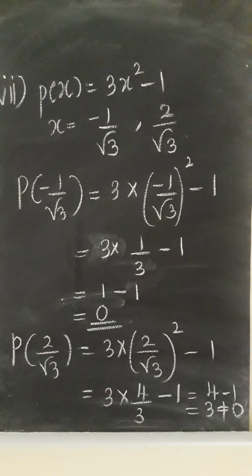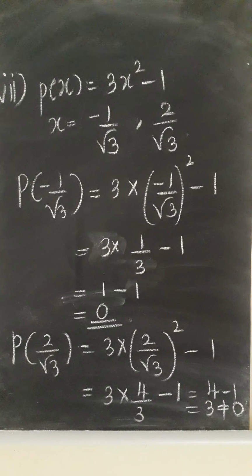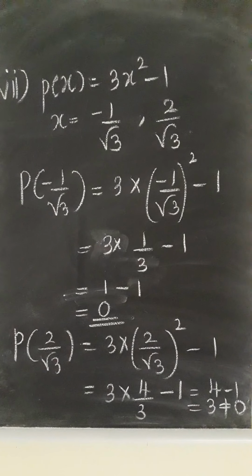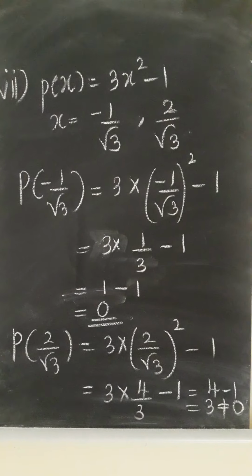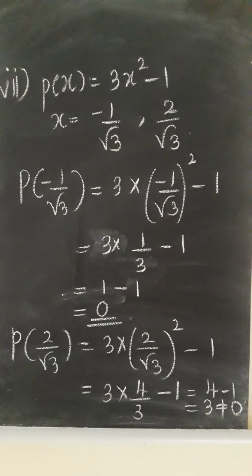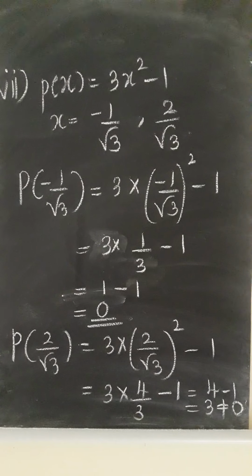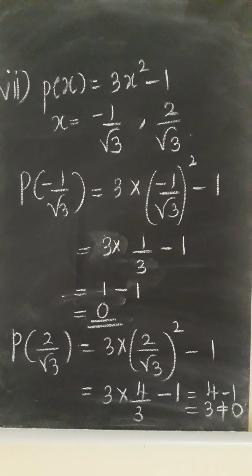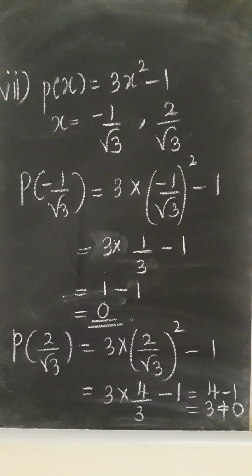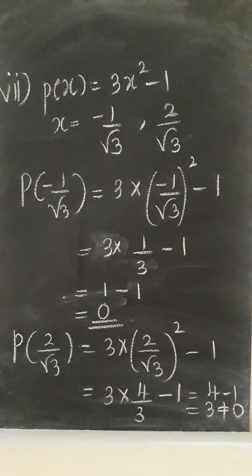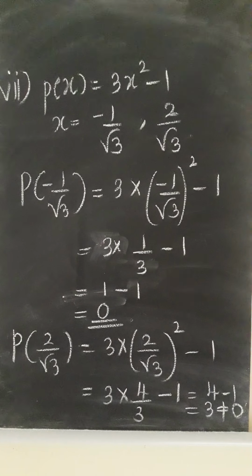Now 1 by root 3 whole square, how to calculate? The square of root 3, root 3 square meaning root 3 into root 3, that is equal to 3. So the first term becomes 3 into 1 by 3 minus 1. So that 3 and 3 we can cancel. The final answer is 1 minus 1 equal to 0.